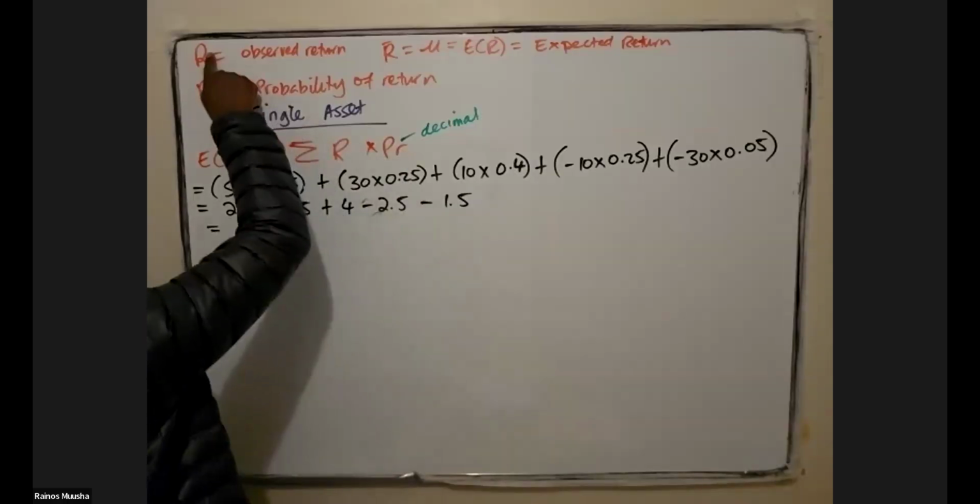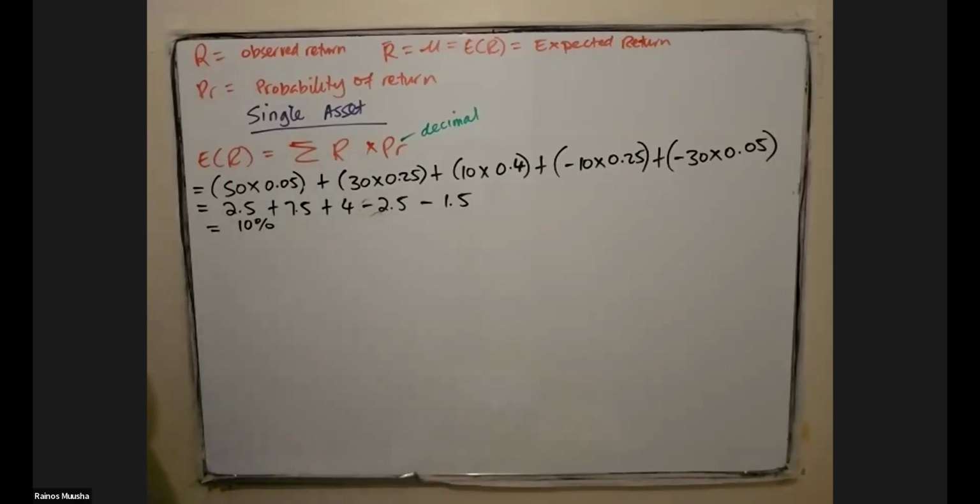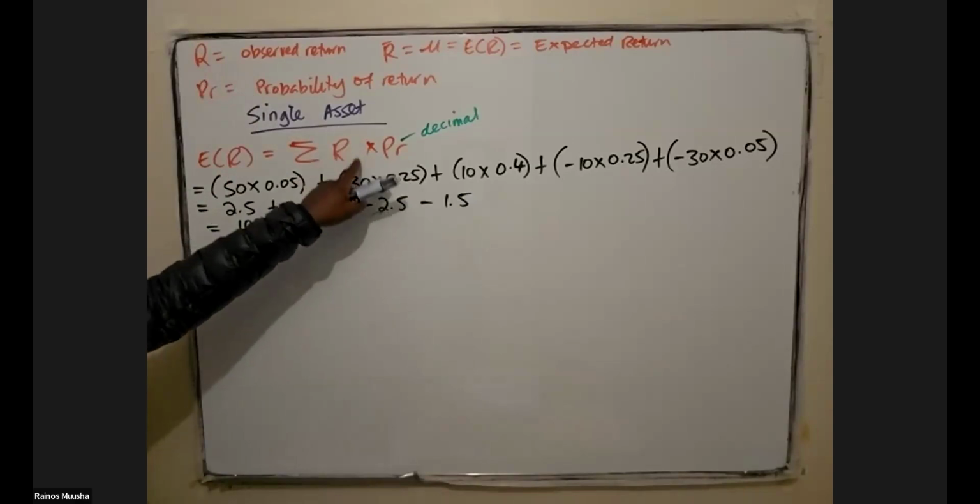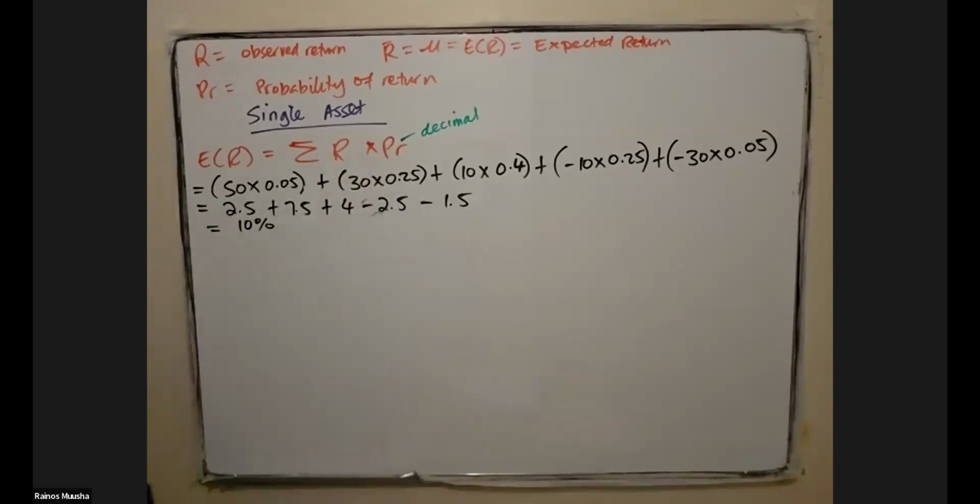To avoid any confusion, we can even leave it out because it won't make any difference to the formula. But I prefer to say i because there are different assets that you're going to be taking into account. This is how you calculate the observed return for each scenario.